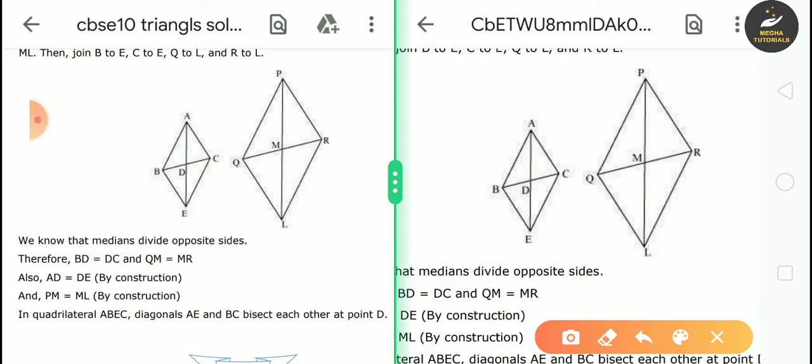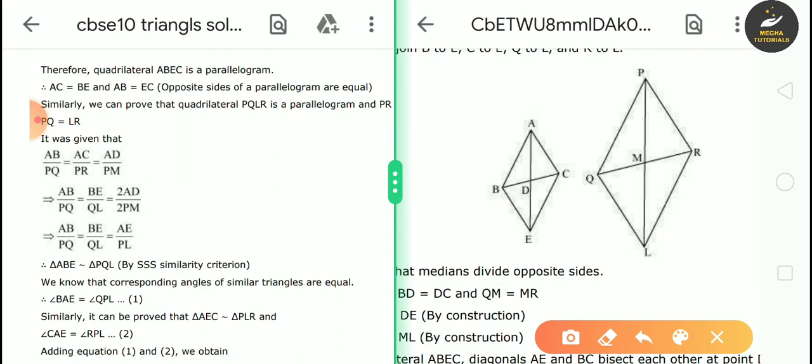So focus on BD is equal to DC and AD is equal to DE. So in quadrilateral ABEC, diagonals AE and BC bisect each other at point D. Therefore we can say that ABEC is a parallelogram.